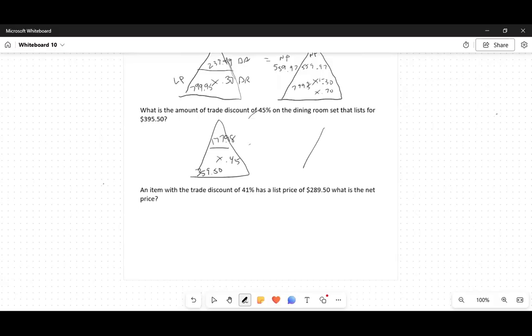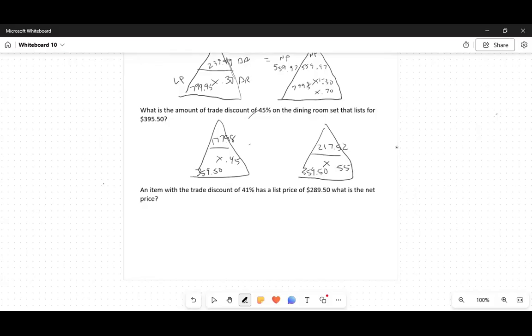Or I could have done it this way, where I just did $395.50 times the complement of 0.45. That means if I got a 45% discount, I'm going to pay 55% of the bill, and that came out to $217.52. If I deduct the 177 from the 395, it would come out to 217.